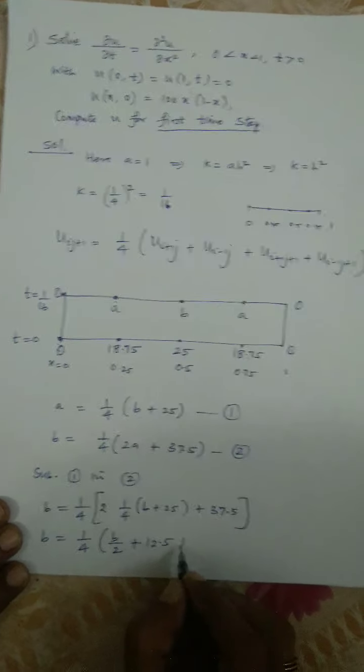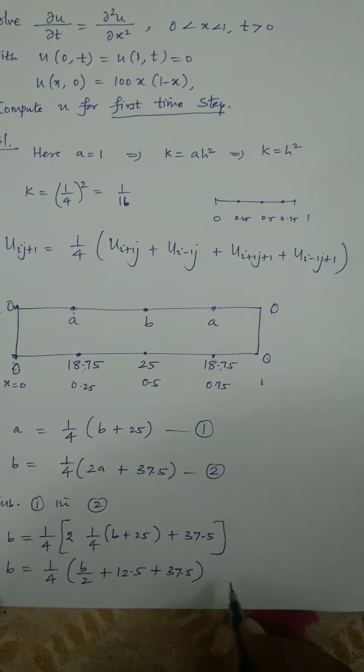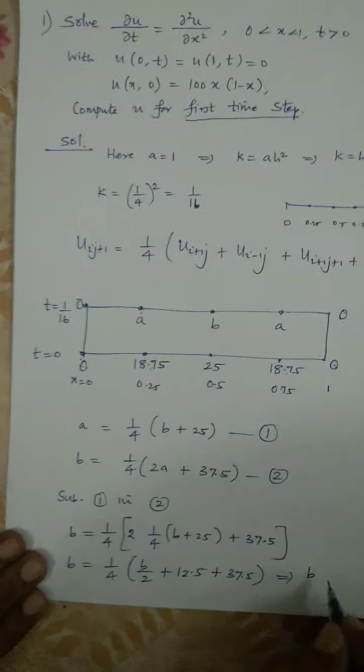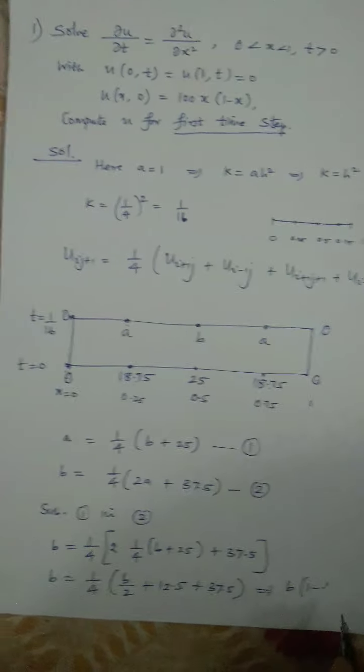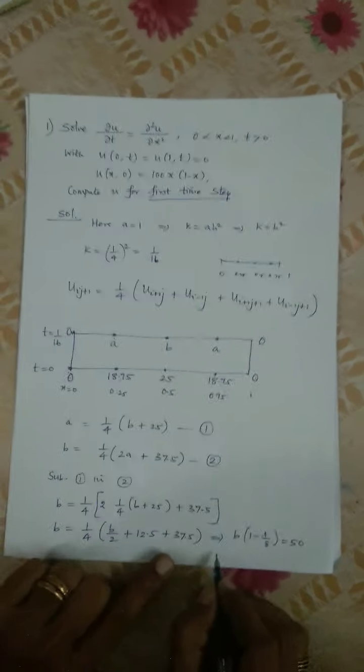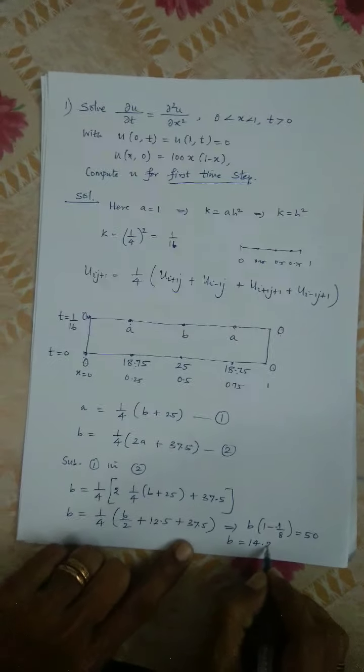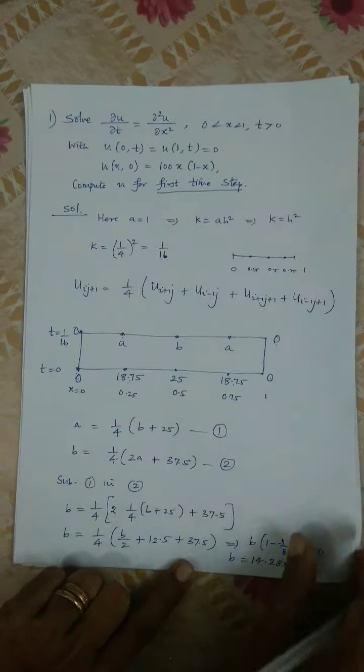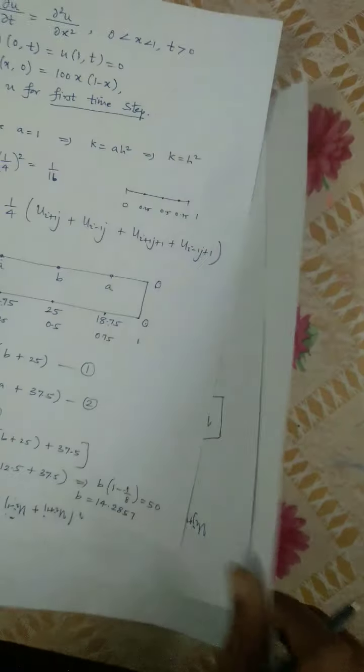Of course, it's a very simple calculation, plus 37.5. So this implies B times (1 minus 1/8) equals 50. Therefore B equals 14.2857. Substituting, you will get B value 14.2857. From equation 1, substitute B value, and you will get A.